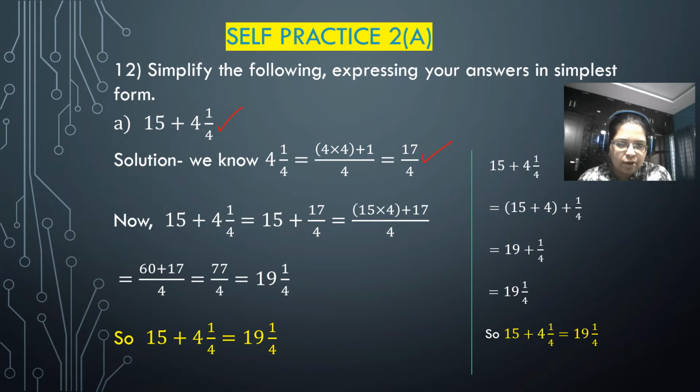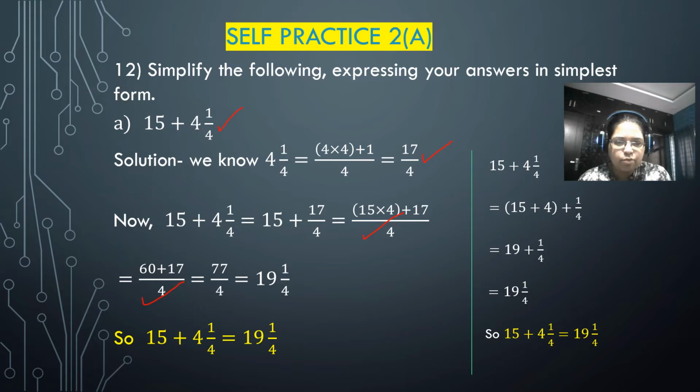Multiply 15 with 4 plus 17, all divided by 4. 15 multiplied with 4 is 60. 60 plus 17 is 77, so we get 77 by 4.